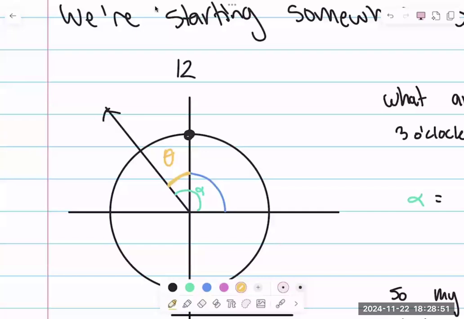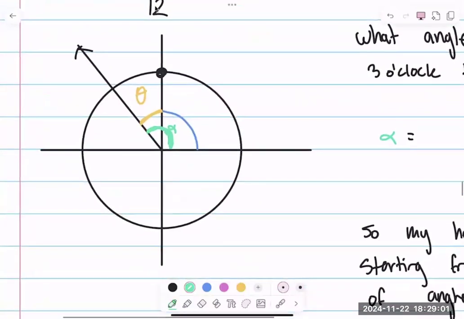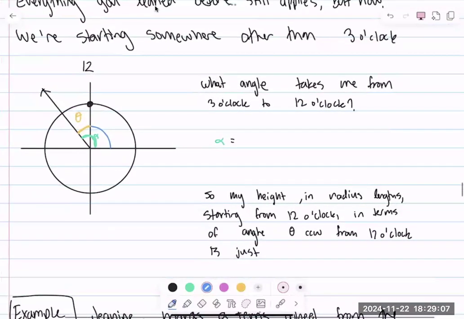Remember that sine and cosine are always going to take angles from our 3 o'clock position. So what we're really interested in is finding this measure of alpha, right? To model this function, we would need to find the angle from 3 o'clock, which is going to be something plus theta, okay? What angle takes me from 3 o'clock to 12 o'clock? What is this blue angle right here? Try to answer that. Use a piece of scratch paper and figure that out.